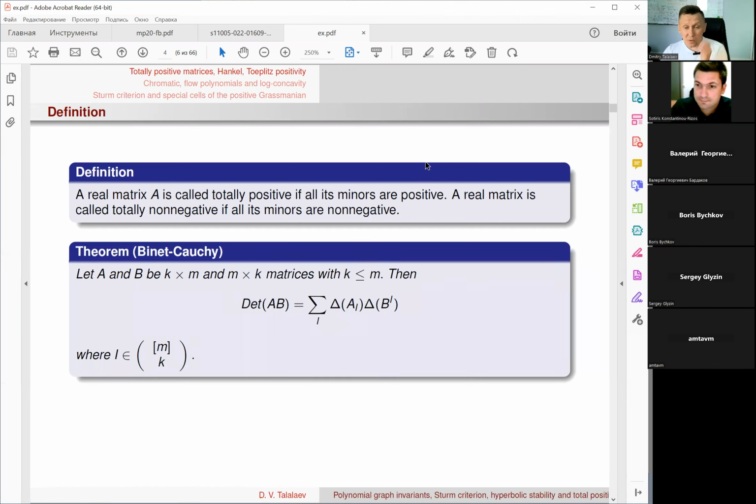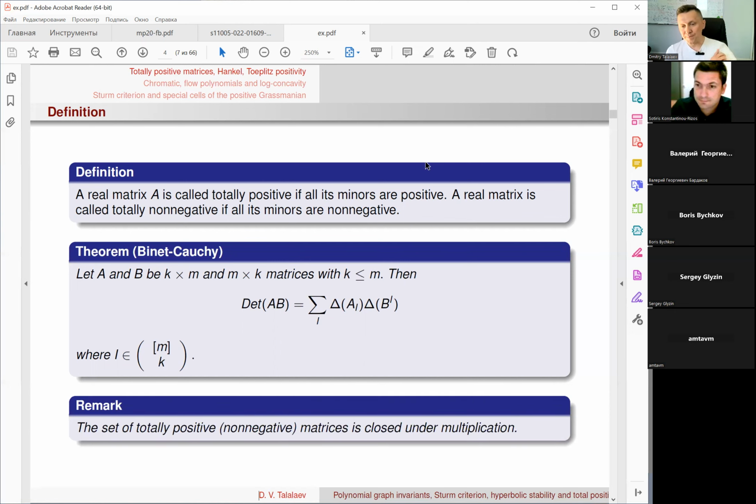The well-known Binet-Cauchy theorem states the following rule for calculating the minors of the product of matrices, and this fact provides the following property. The set of totally positive and non-negative matrices is closed under multiplication. It is due to the Binet-Cauchy theorem.